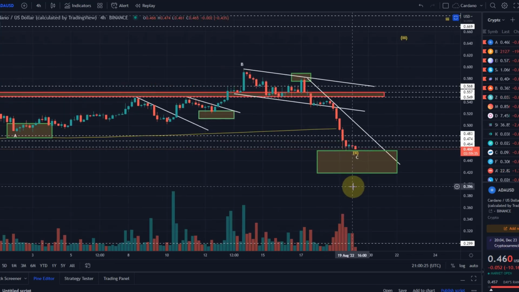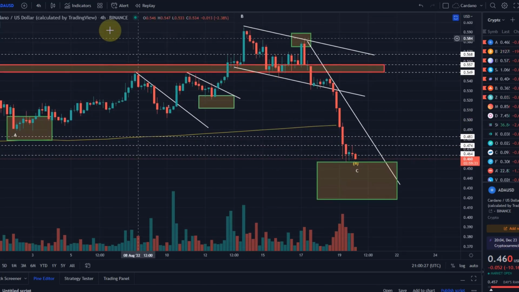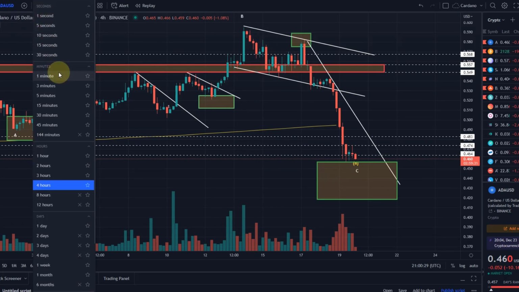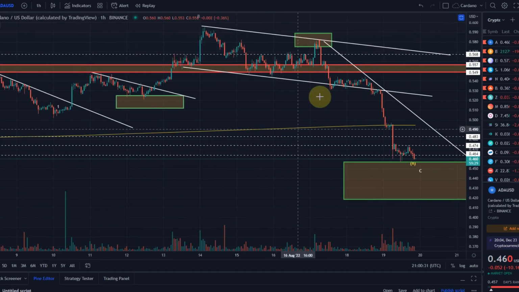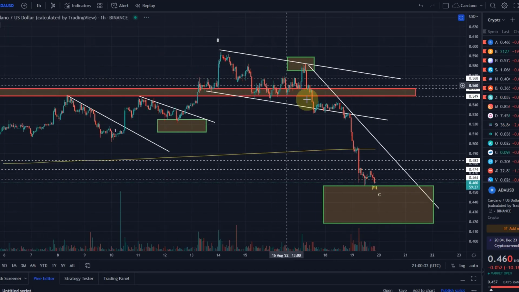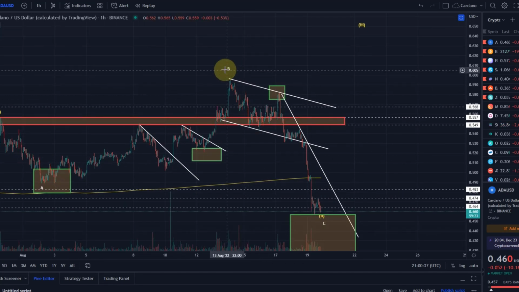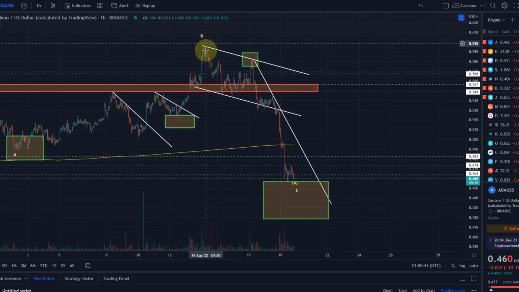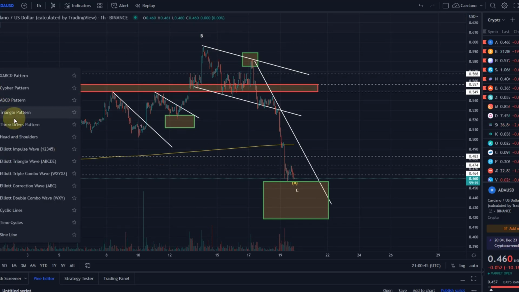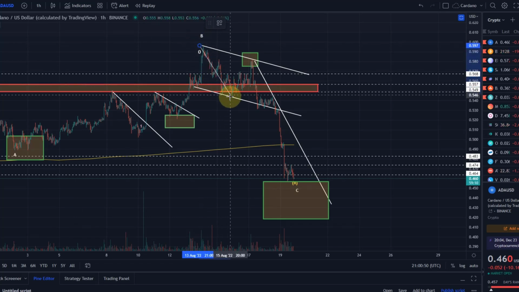And if we take a look at what we're doing here on the 1 hour chart, you can see that if we say, all right, we moved up here in a wave B and we're now coming down in the wave C, that we are looking here really at a wave count of 5 waves in the wave C. That's also a reason why we are selling off so strongly.